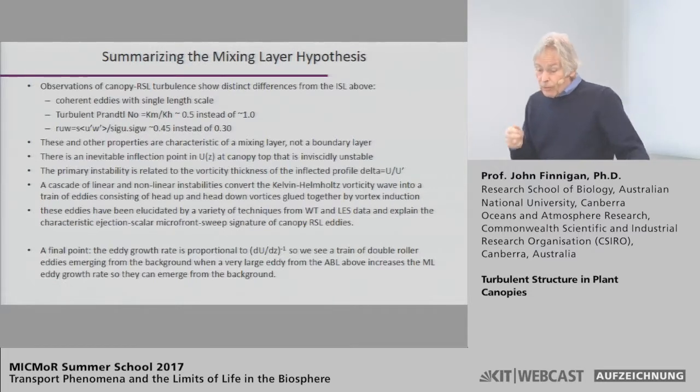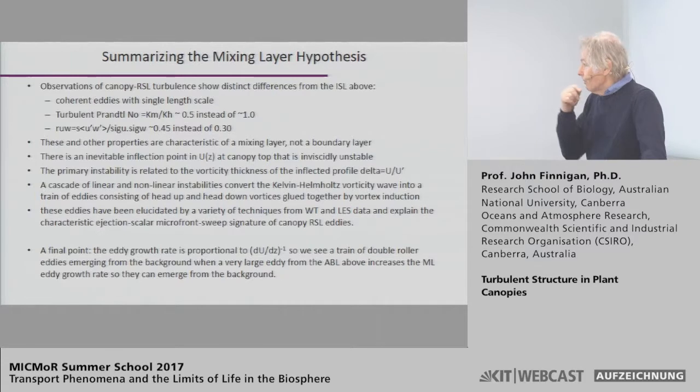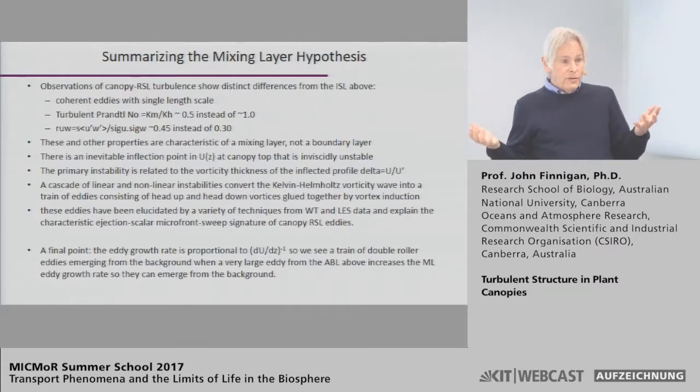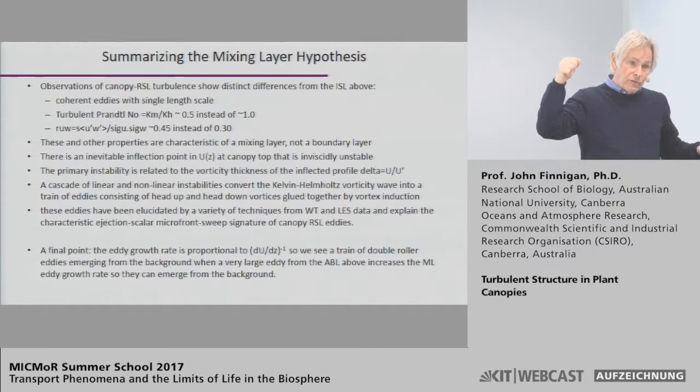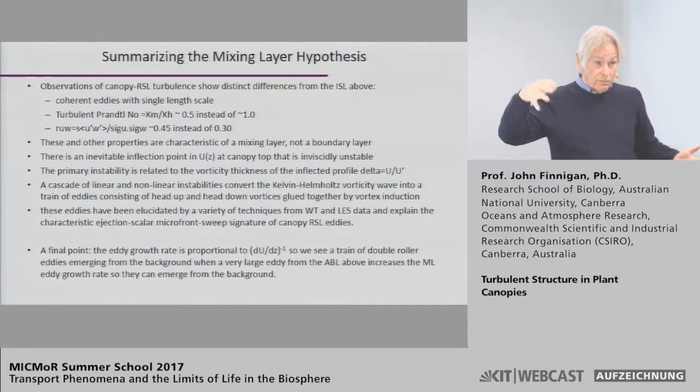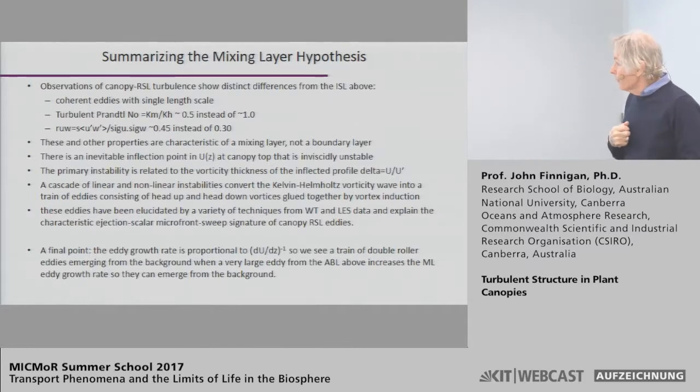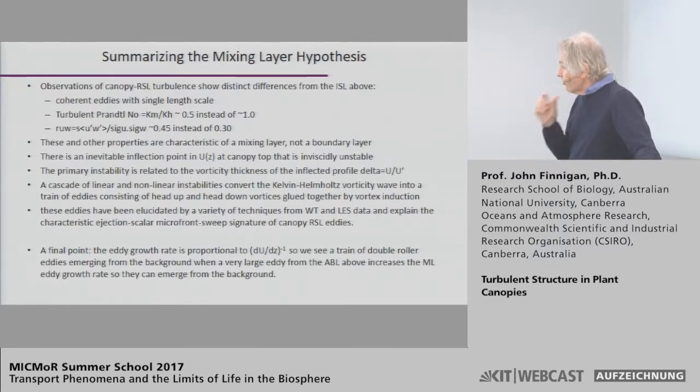There's one final point, which touches on something that a couple of us talked about yesterday, I think. In a linear stability theory like this, the eddy growth rate has got a time scale, and the time scale is proportional to the rate at which things are being strained to give you the instability in the first place. And so this is a shear instability, so the eddy growth rate time scale is 1 on the shear.